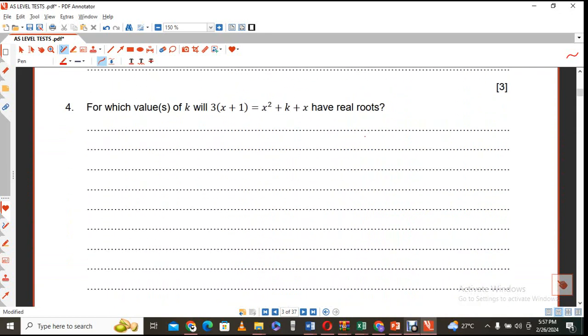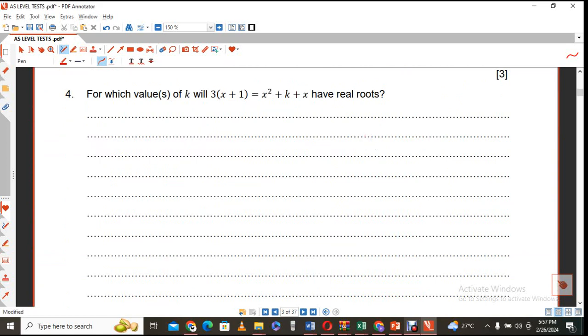For which value or values of k will 3 times (x plus 1) equal x squared plus k plus x have real roots? So when you have real roots, you must understand that the discriminant would be something that is greater than or equal to 0.